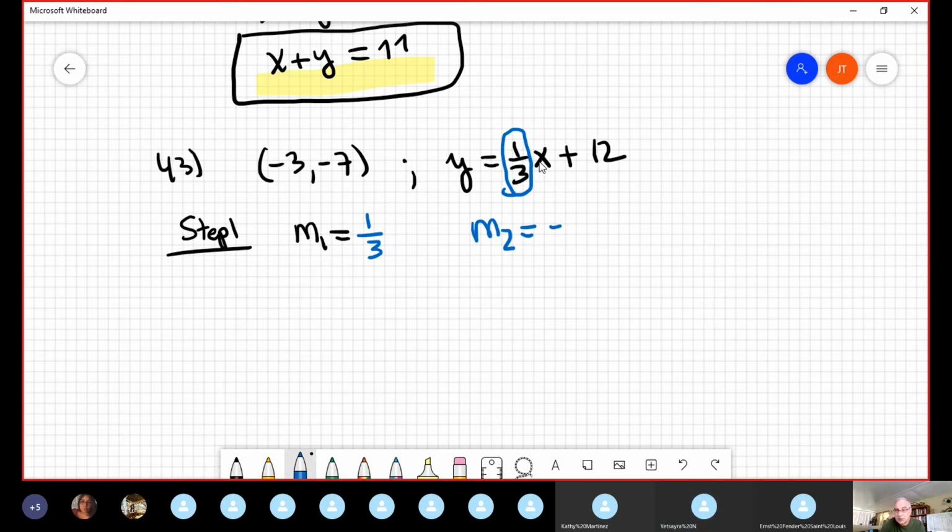Negative, pero negative what? You need to do two things. You flip the fraction. The original is 1/3. When you flip it, 3/1. Yes or no? 3/1 is just 3, no? Because when the denominator is 1, it's a whole number, so it's -3. So the new slope is -3.